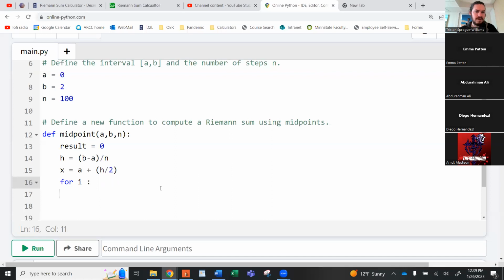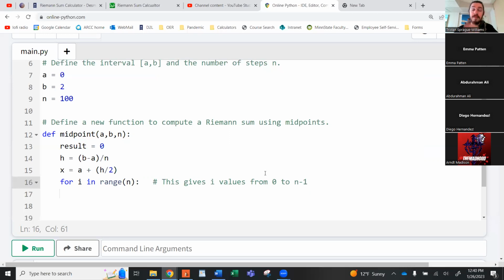What I actually have written in my notes here is for i in range n, which if you type in range n, this gives i values from 0 to n minus 1. What I'm trying to do for you guys is go from 1 to n, because that's what we were doing. That's more familiar in math, but now that I'm explaining it, we'll just do it the programming way.